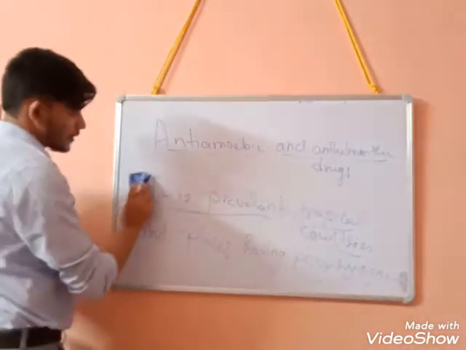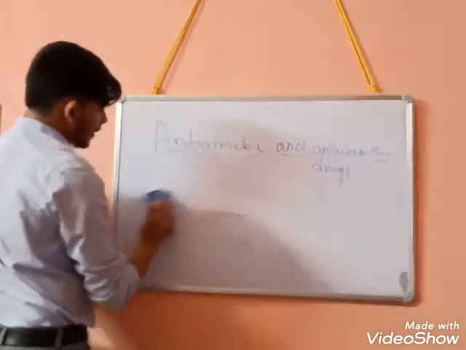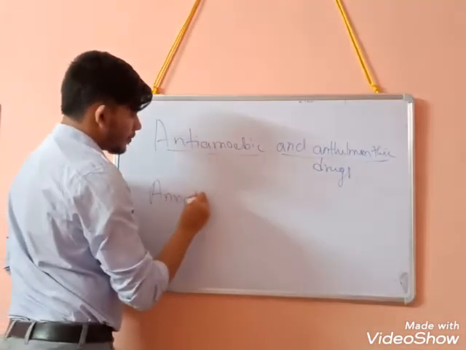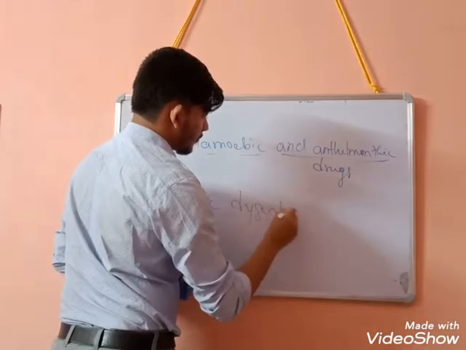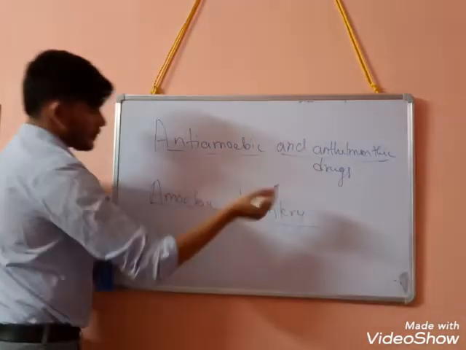So this is the prevalence of amoebiasis infection. It is characterized mainly by amoebic dysentery. Dysentery means loose motion.